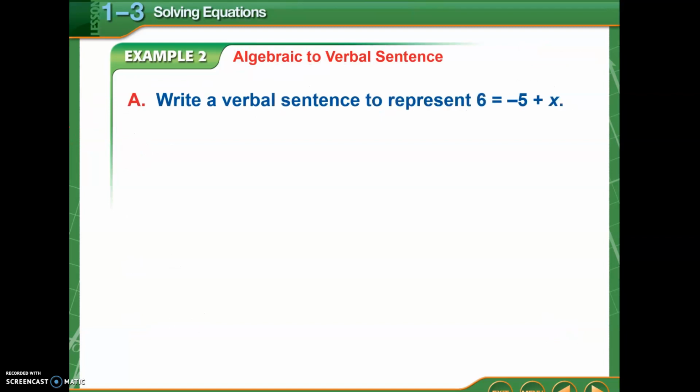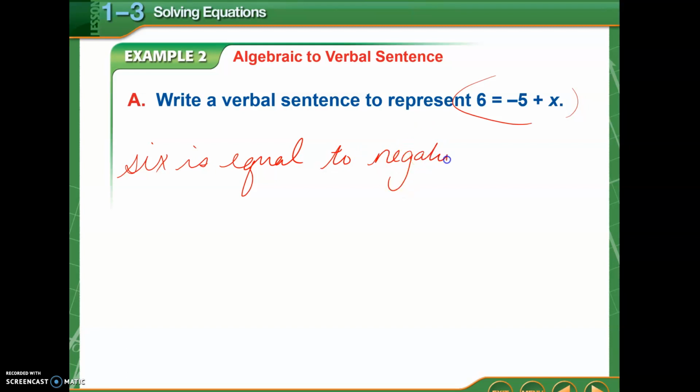All right, so going the other way, we should also be able to write it the other way. What is this saying? So 6 is equal to, this can be written a few ways. 6 is equal to -5 plus a number would work.